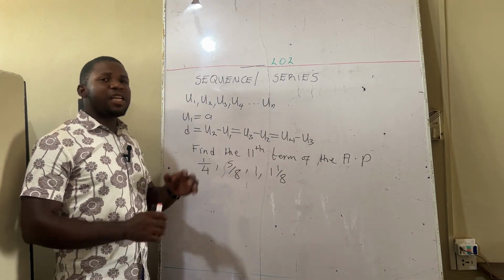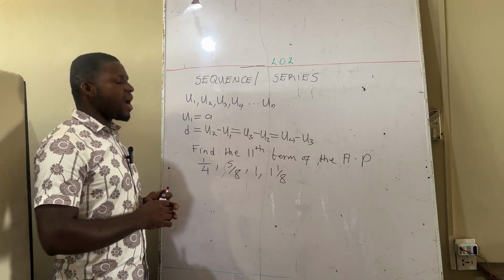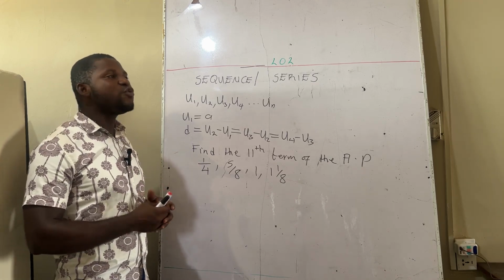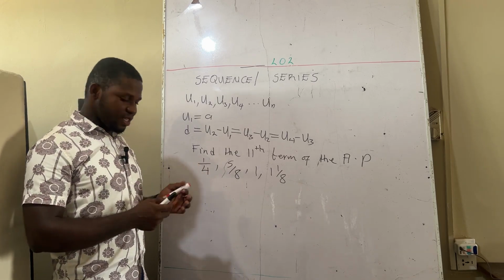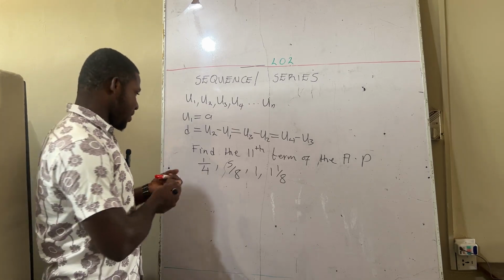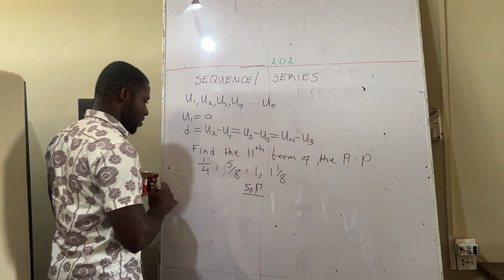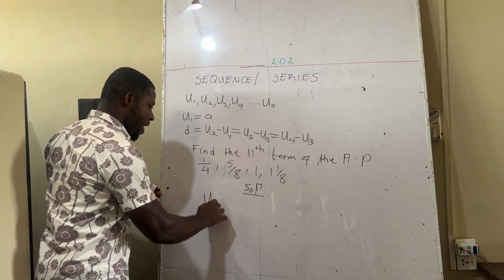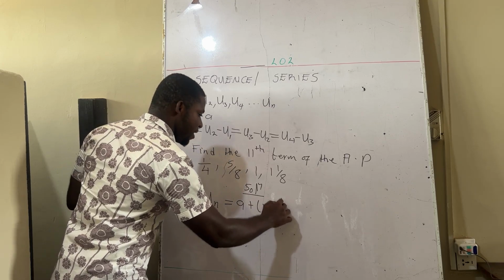We are to find the 11th term. Whenever such a question is given, first you write your general formula down, then you look at the terms within the general formula, you define them, then we start to solve the question. So we know that the general formula is Un equal to a plus (n minus 1)d.